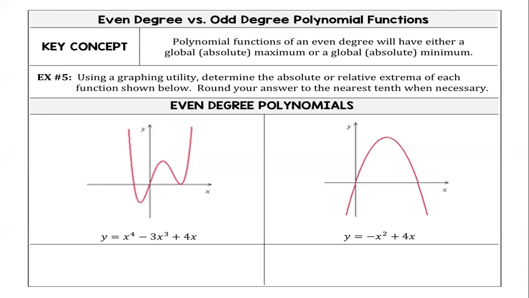So here we have the graphs of two functions. This one is a fourth degree quartic polynomial, if you want to be specific, but it's a fourth degree polynomial, right? And this is a quadratic or a second degree polynomial. When I am describing their end behaviors, I'm acknowledging the fact that their end behaviors are the same. And why are they the same? Because of this little number, right?